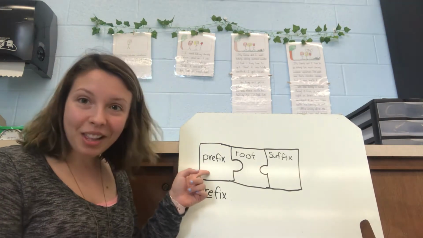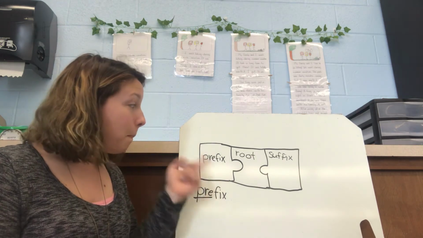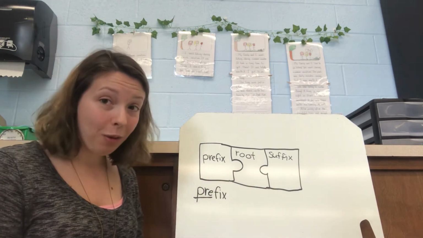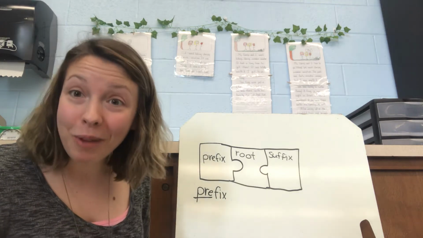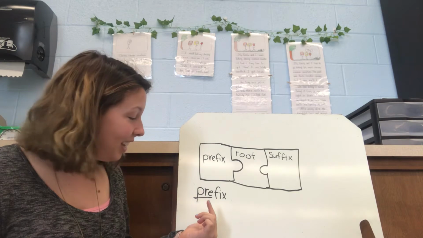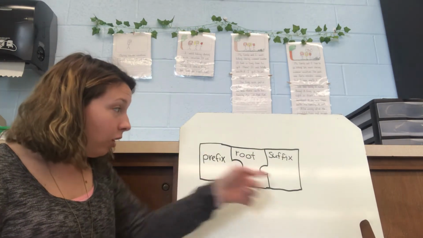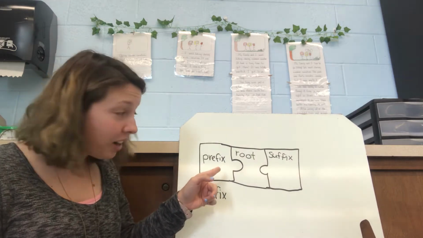But didn't I just say that a prefix happens at the beginning of the word? So it's kind of like it happens before the rest of the word. That's a really tricky way to kind of hide a meaning inside of this word prefix. Pre means before, and a prefix happens before or at the beginning part of the word.